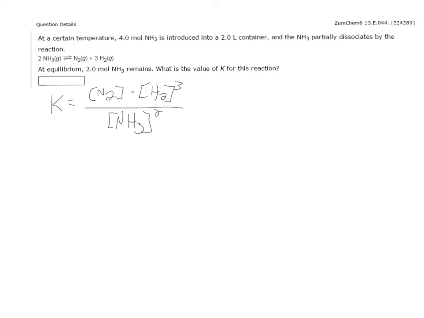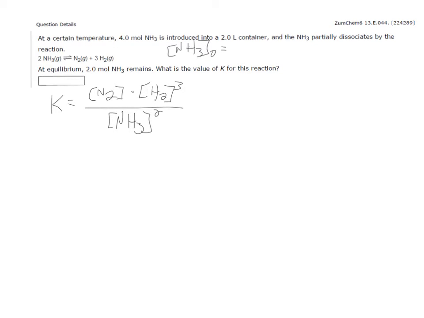The other thing that we should note is what they gave us was a number of moles and not a molarity. When we consider the ice table that we'll have to make for this equation, we're going to use numbers that are molarity numbers, that is moles per liter. So it would be very helpful to come up with the concentration rather than just the number of moles. And I'm going to note that this is an initial concentration with that subscript 0 outside of the brackets.